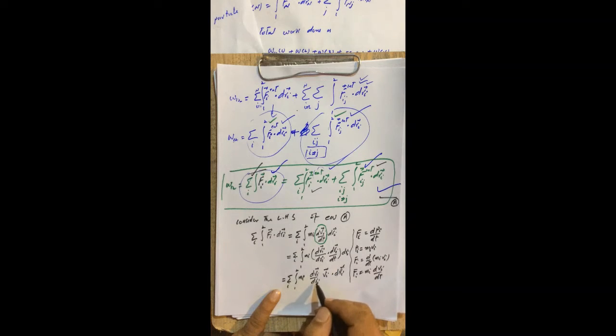Now this dri cancels with this dri, so we are left with sum over i. Now mi is constant, so I can keep it outside of this integral, and we have integral from 1 to 2 of dvi into vi, so I can write it as vi dvi.